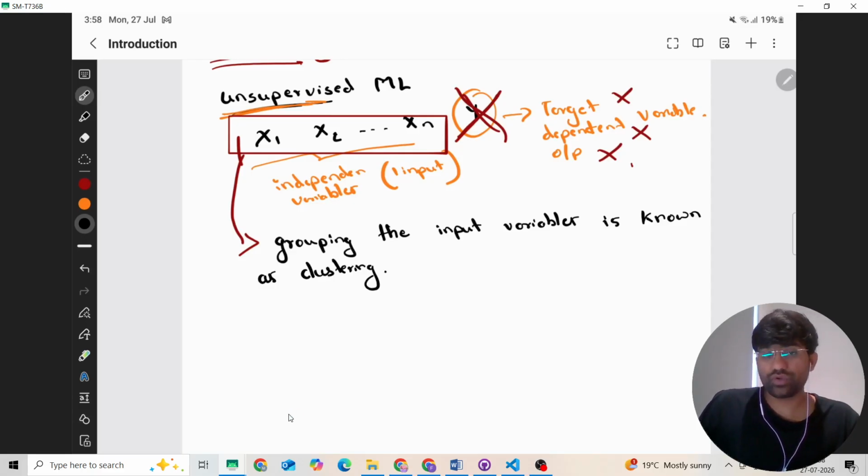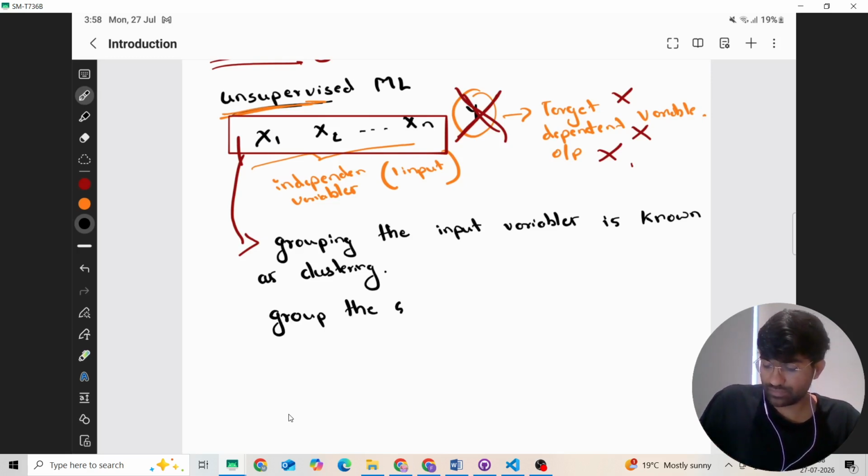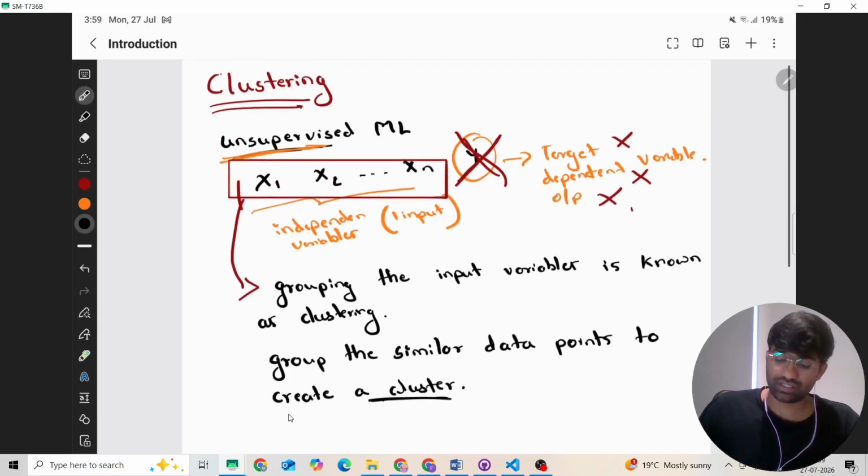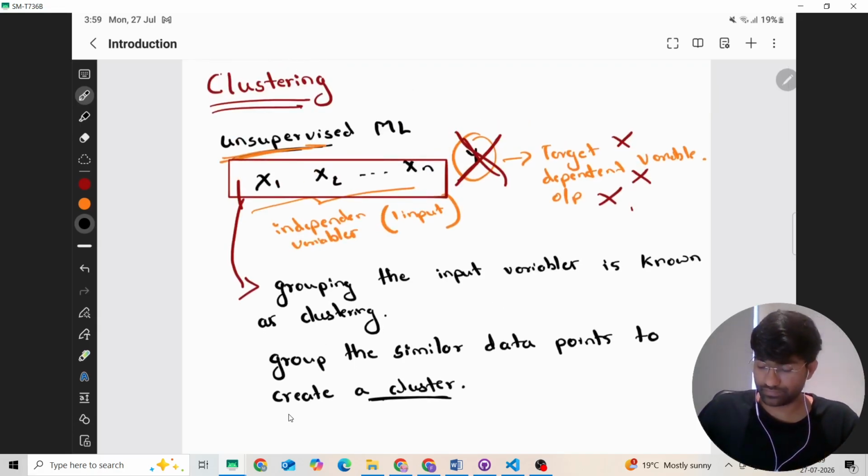And how do we group? We will group only the similar data points to create a cluster. This is what the clustering machine learning algorithm stands for.